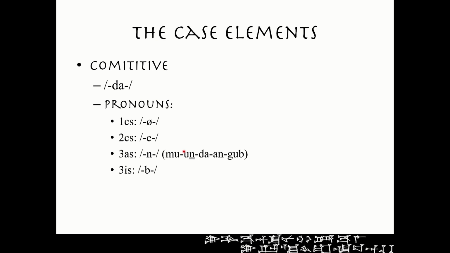If there were nothing, it would be he stood with me. So these pronouns will appear directly before the case marker, the case element in the verbal chain, and it tells you what type of object this preposition is taking. Is it taking a first person? Is it taking a second person? Is it taking a third person animate, a third person inanimate? That's what these are doing.